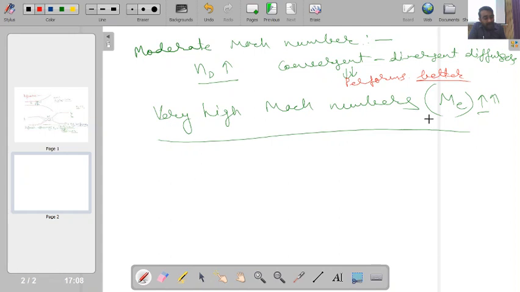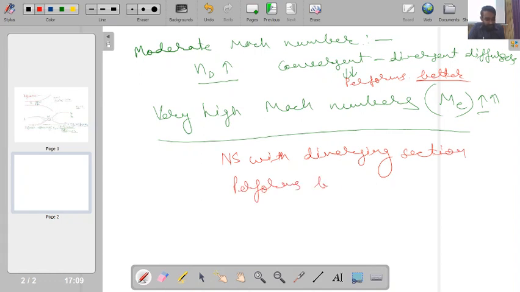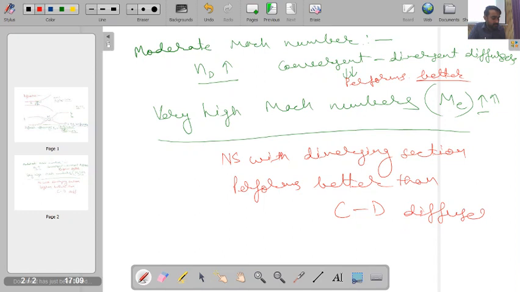Whereas for very high Mach numbers, our normal shock wave with diverging section performs better than convergent divergent diffusers. So this is the typical observation from different experiments.